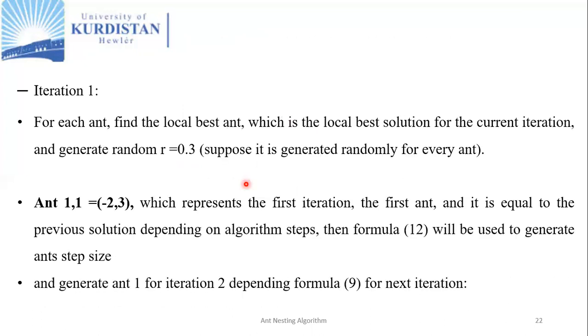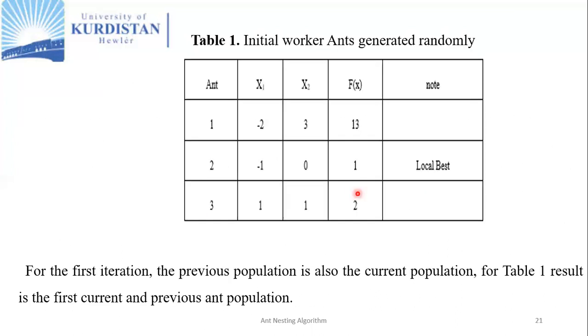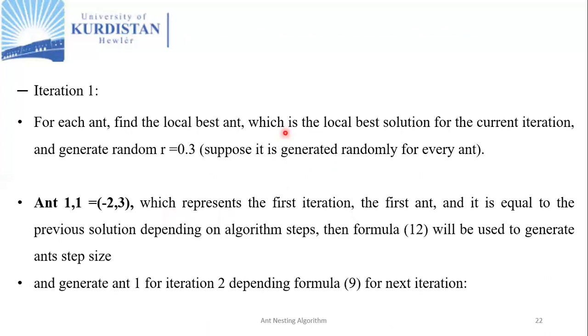In the first iteration, this position equals its previous position, so the table is the same as previous. Now we use the condition which says to use equation 12, and then for finding the ant for the next iteration, we use equation 9.